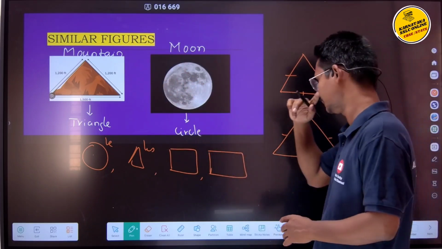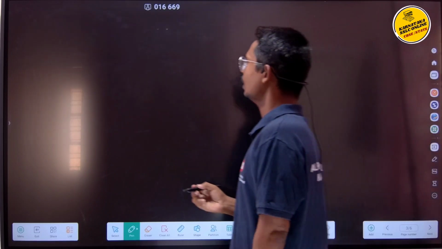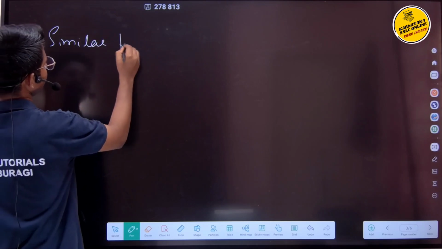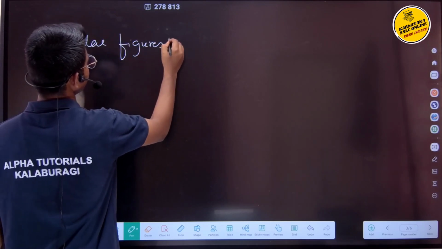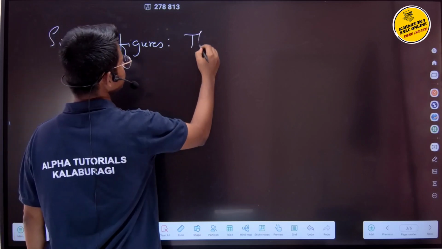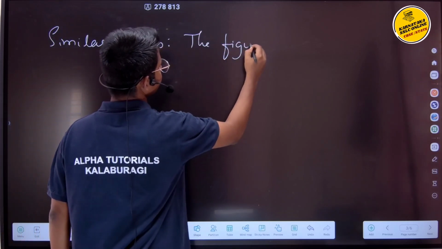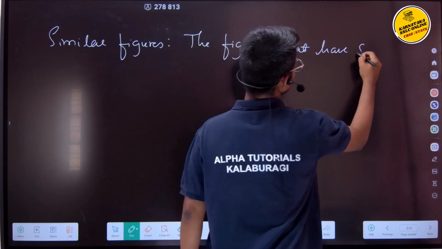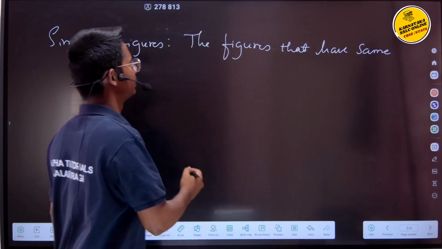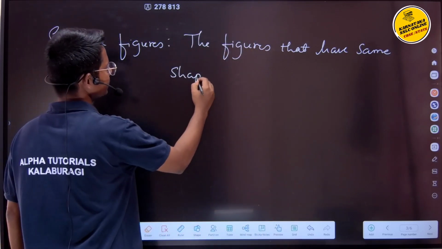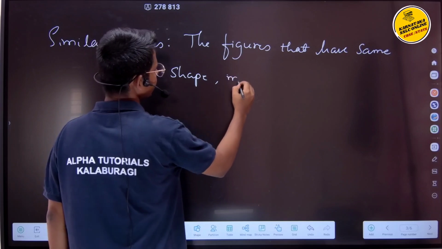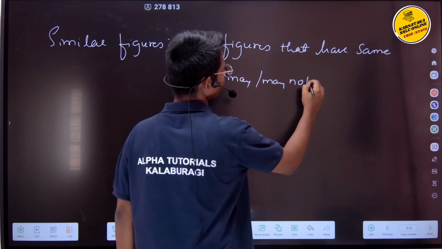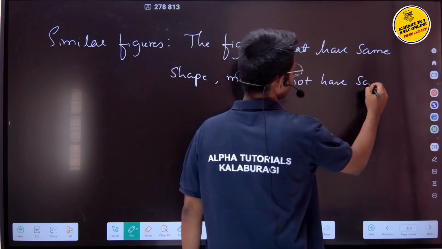Fine. So how do you define similar figures? Similar figures we can define as figures that have the same shape, and may or may not have the same size.